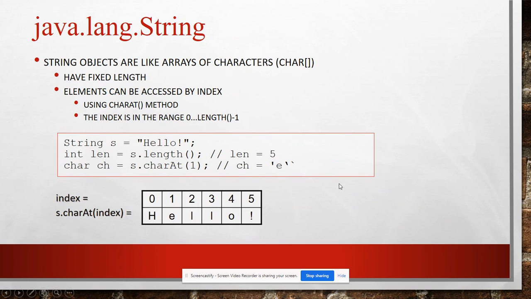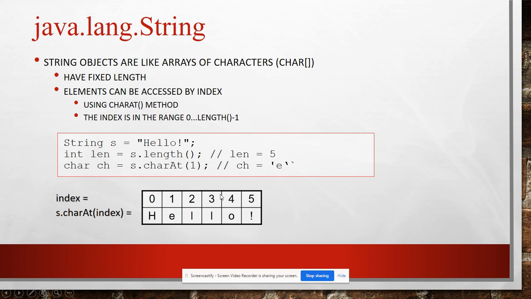Let's go further. It has a fixed length and it can be accessed by its indexes. We can see in the below snap we have methods. We have some methods of string like dot length or charAt. By this we can fetch the character by passing the index.